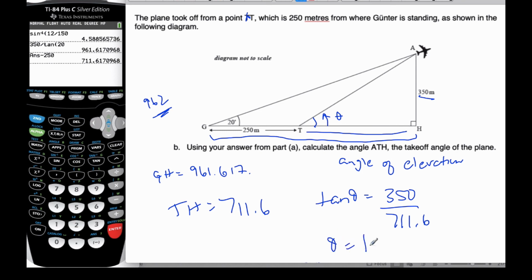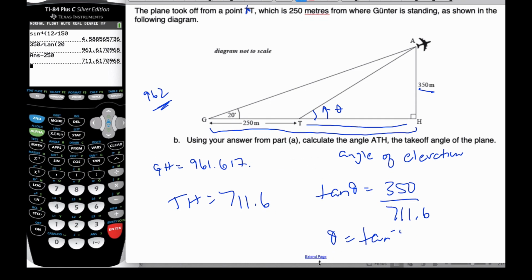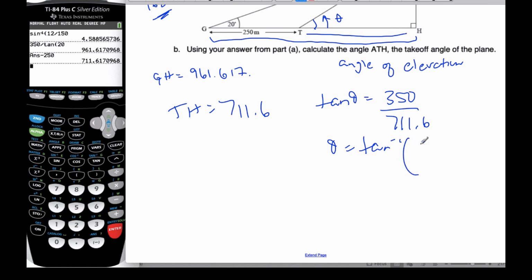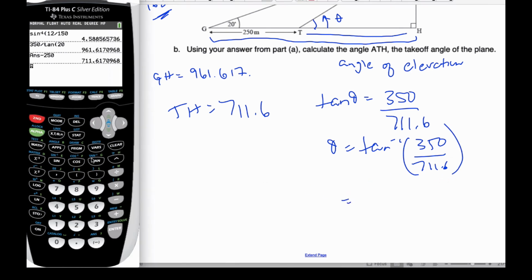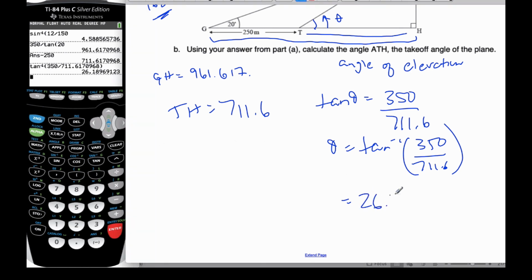So I'm going to do the inverse tangent of 350 over 711.6. On my calculator, I go second tangent, 350 is exact, divided by, and now I go up to the previous value and take it, hit enter, and it puts all the decimal places in there, close my parenthesis, and now I have 26.2 degrees, to 3 significant figures.